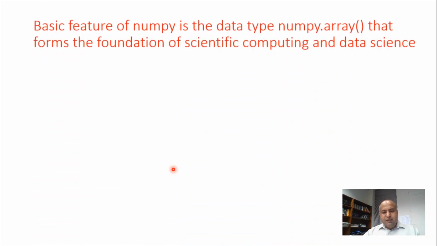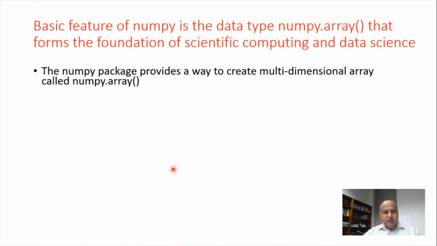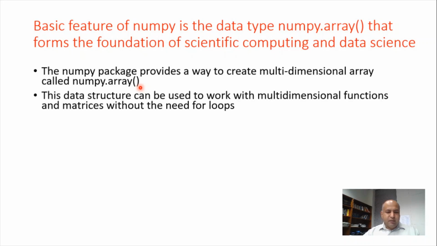So the basic data type in NumPy is this array called NumPy array. You can create multi-dimensional arrays using this function and then work with these. The data type in these arrays can also be specified, like we can have integer arrays, float arrays, complex number arrays, and even arrays that have Boolean data, for example, true and false.